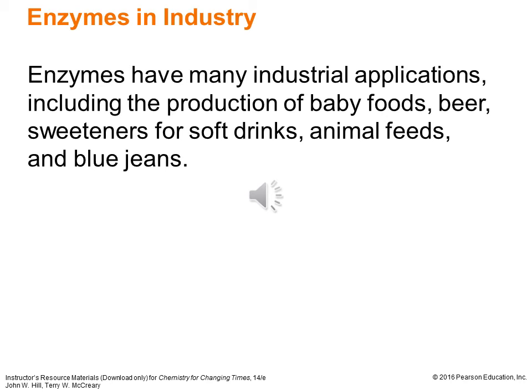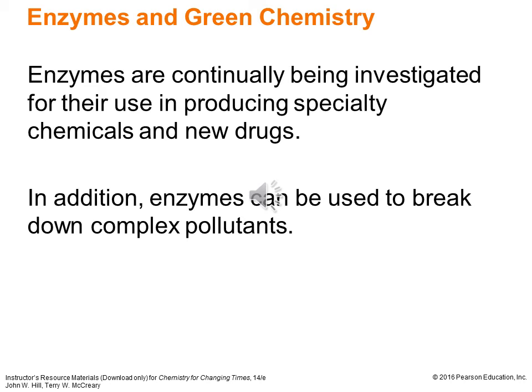So enzymes have become a very important part of not only traditional biochemistry and biomedical applications, but other applications as well. Because they're largely protein-based, enzymes have a lot of desirability in terms of making specialty chemicals, new drugs, even to break down complex pollutants in the environment.